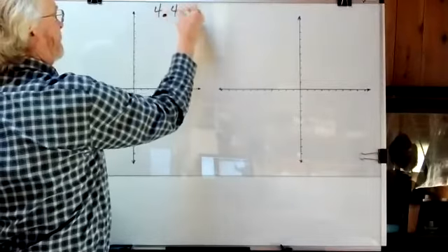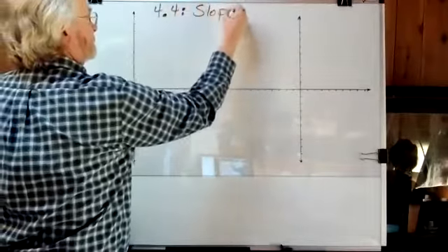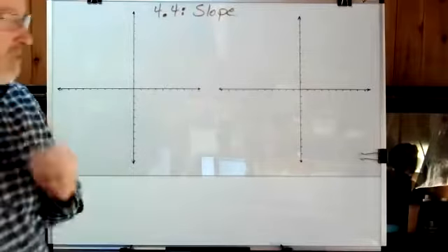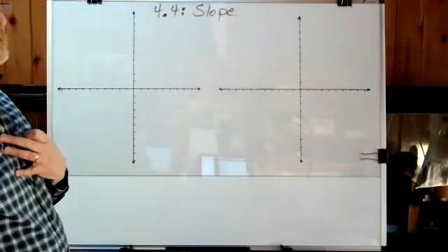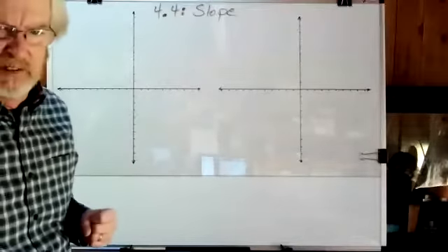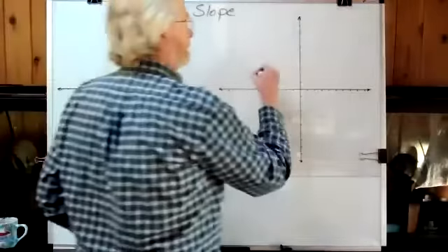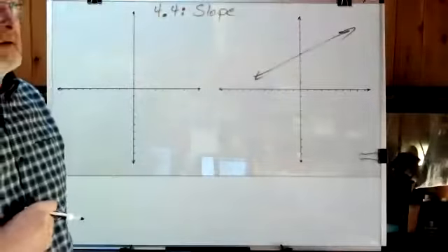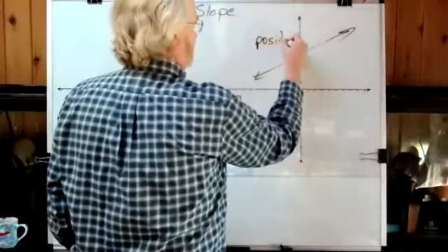How steep is that line? Concept we call slope. We've already talked, let's say, qualitatively versus quantitatively, without numbers. Qualitatively, just recognizing that's going uphill, we say this has a positive slope.